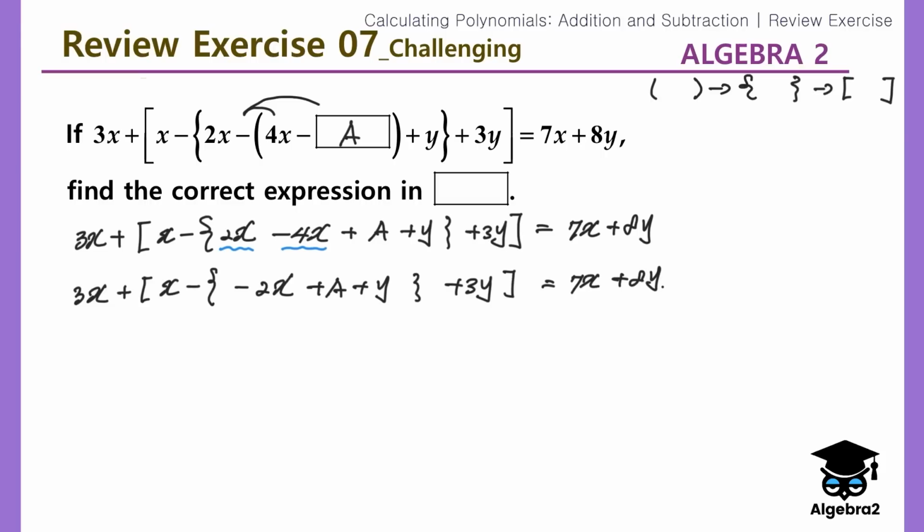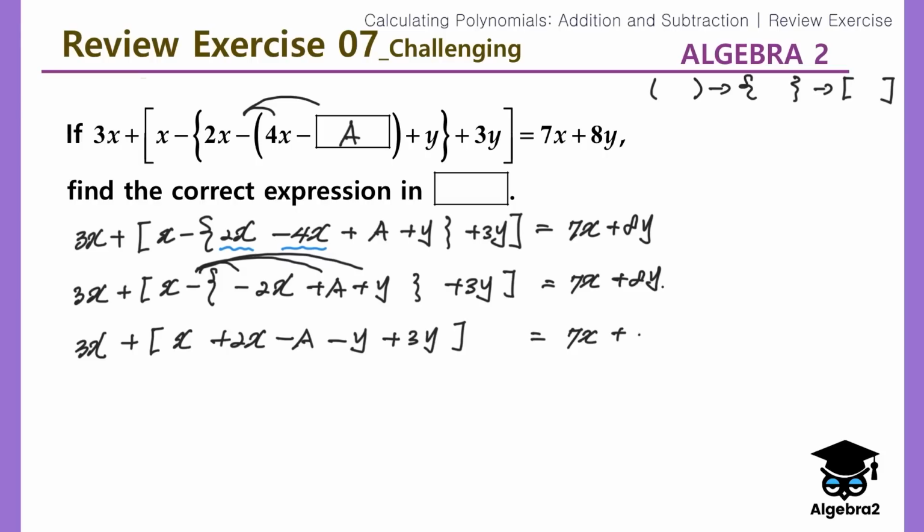Step by step. Okay, so we have 3x plus x minus times minus plus 2x minus times plus a, that's minus a, minus times plus y, that's minus y, right? So we have 3y, that's going to be equal to 7x plus 8y. So inside of the bracket, we have like terms, x plus 2x, 3x, and negative y plus 3y, that's plus 2y, right?